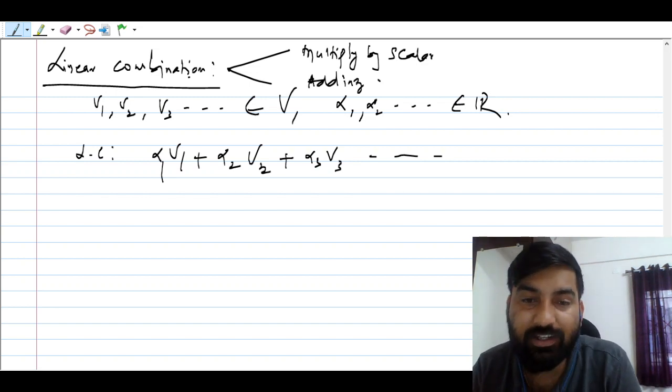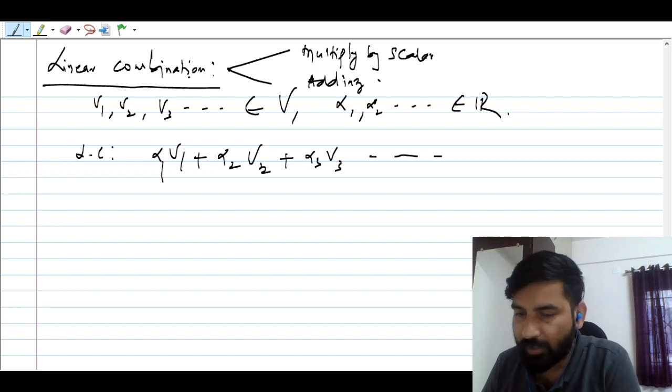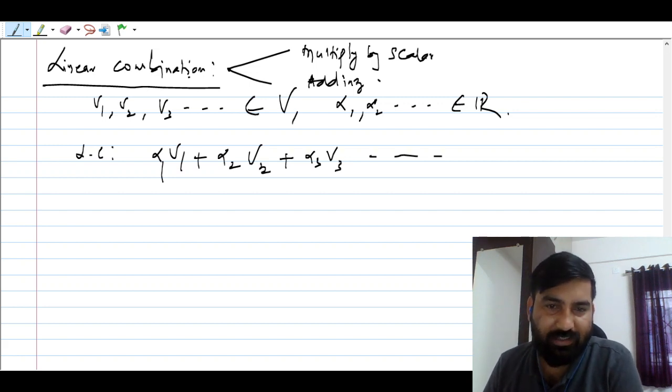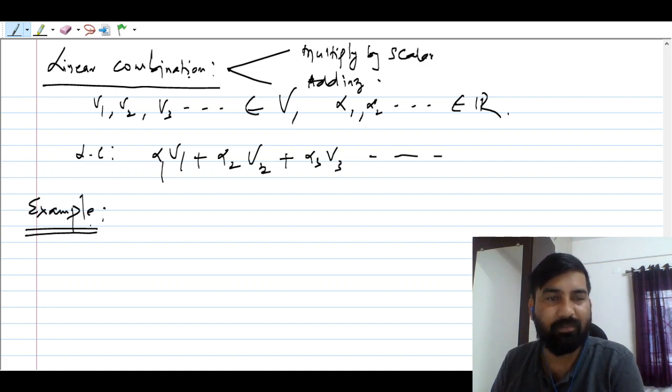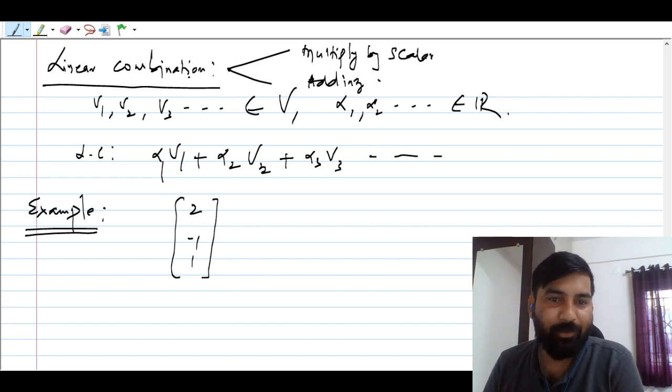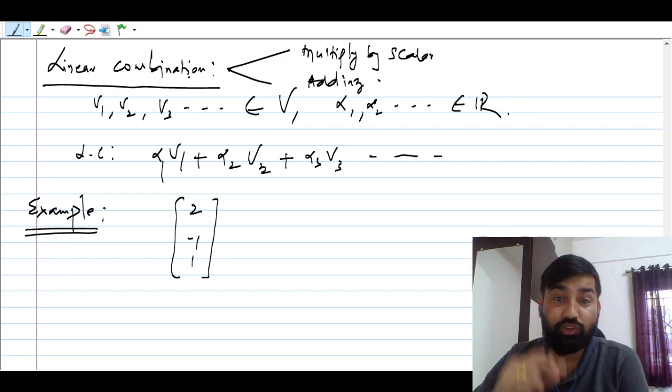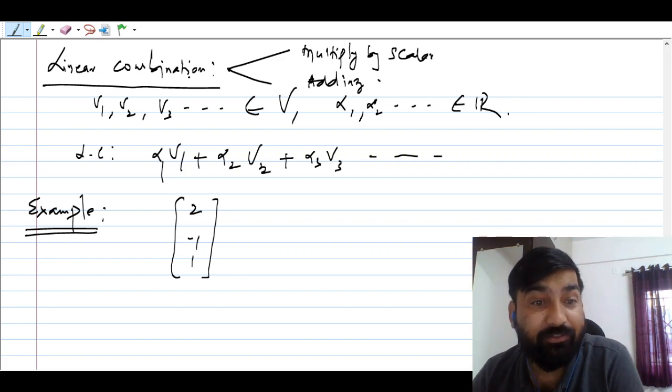How? Look, suppose you have a vector, let me take an example. Suppose you have a vector 2, -1 and 1. You can get infinitely many vectors from this vector.